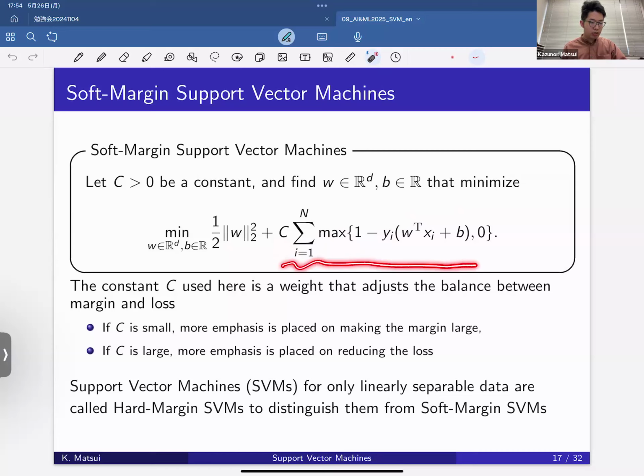So to make the whole thing small, we have to make this loss small. Here we call it the soft margin support vector machine. Support vector machines that only handle linearly separable data are called hard margin support vector machines, to distinguish them from soft margin support vector machines.